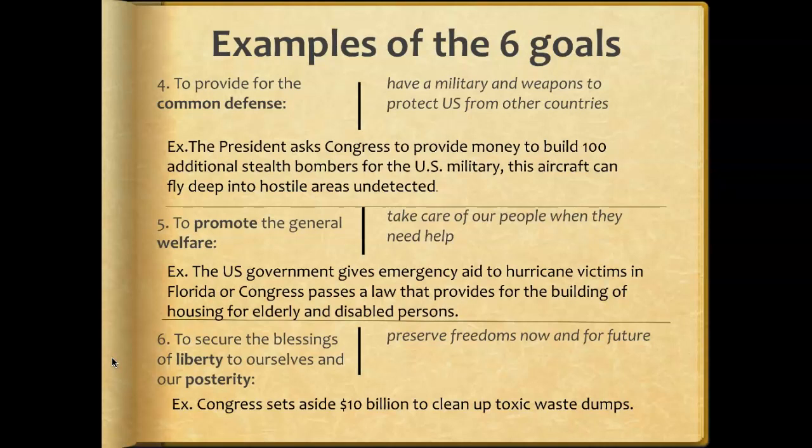Another one is to provide for the common defense. And so if the president asks Congress to provide more money to build additional military weapons like a stealth bomber, then we're trying to defend our nation. Another part of the preamble is to promote the general welfare.